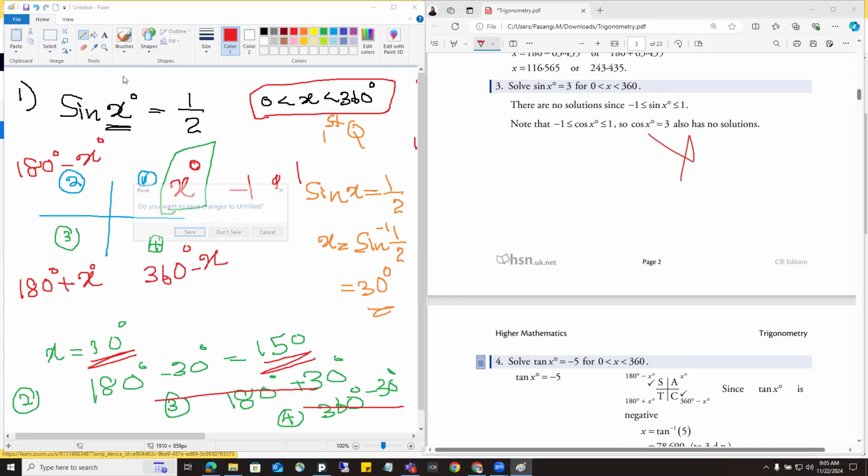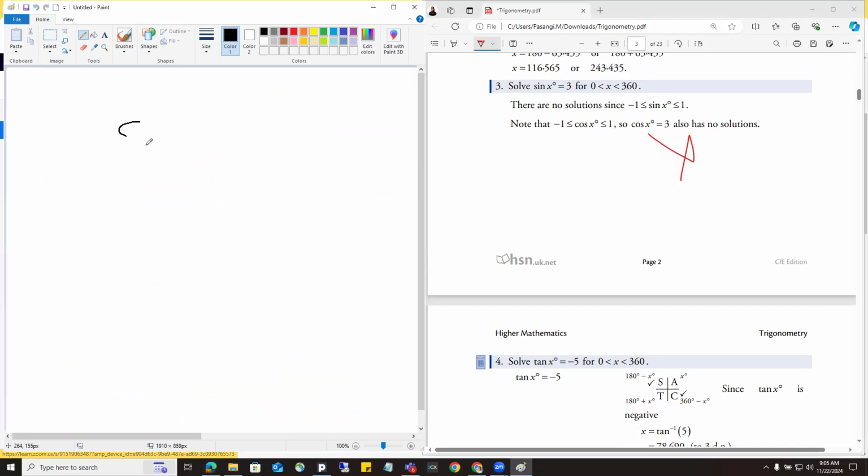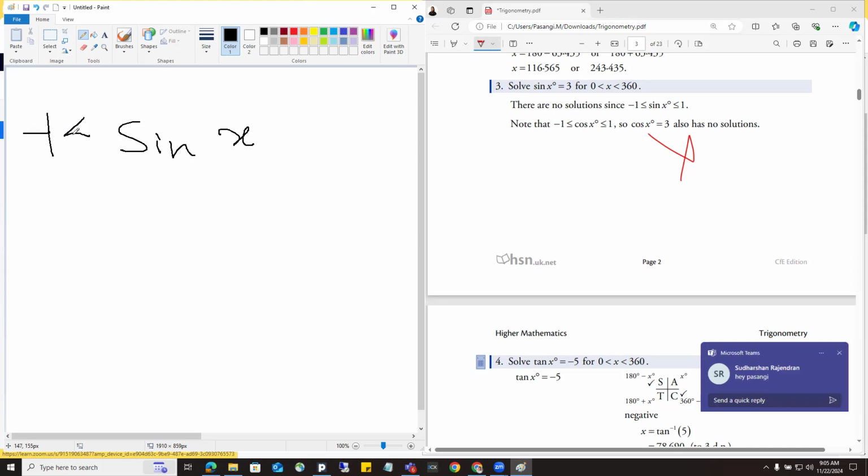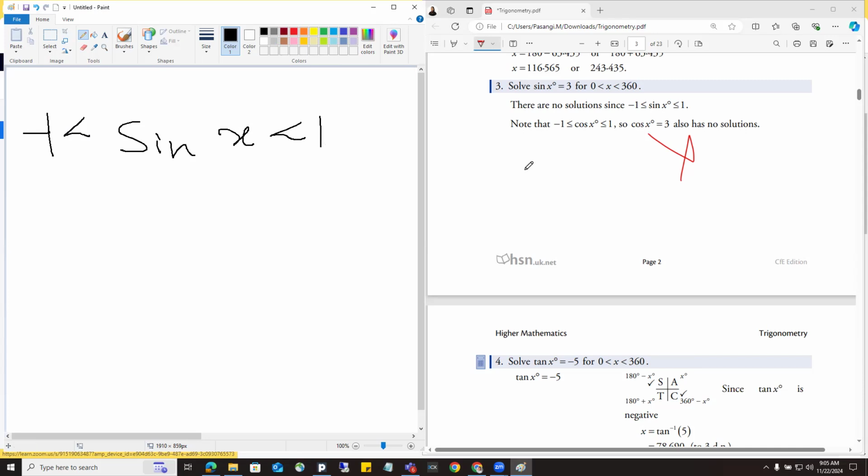We will be discussing that in the trigonometric graphing part as well. So sin x should be in between -1 and +1.